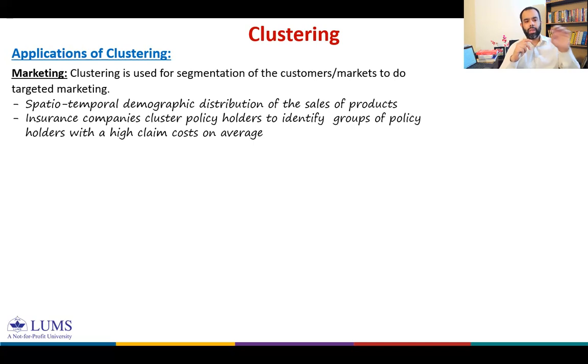That in this region or in this time interval, what's the distribution of the sale of some product, so that they can focus on this cluster, that in this time interval, the sale is lowest in this region. So there is a need to carry out targeted marketing in this region.